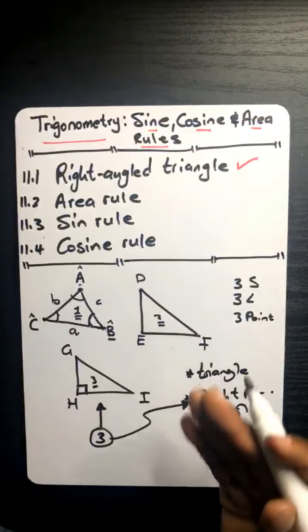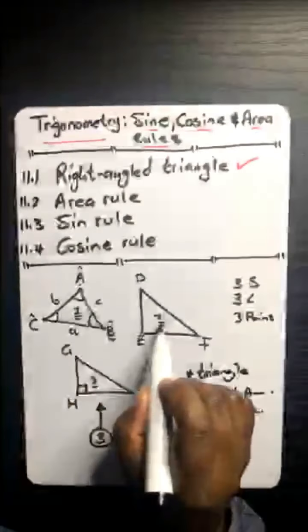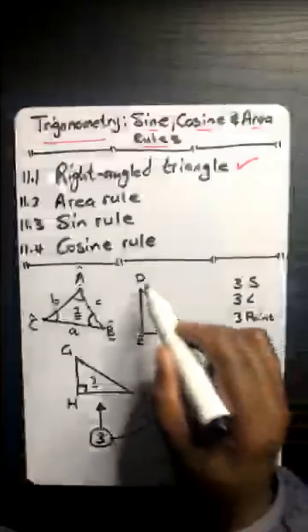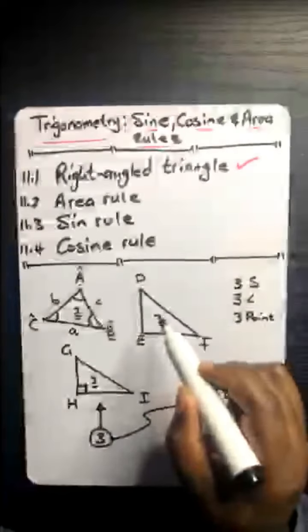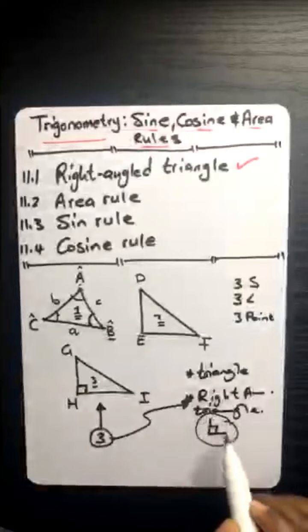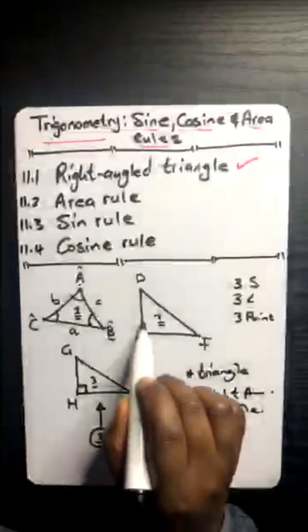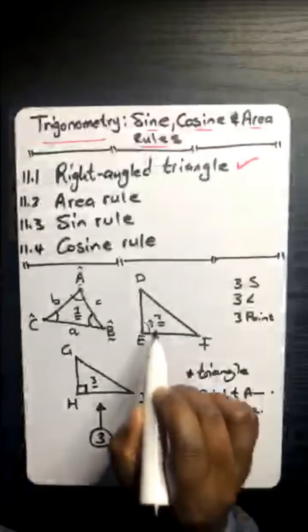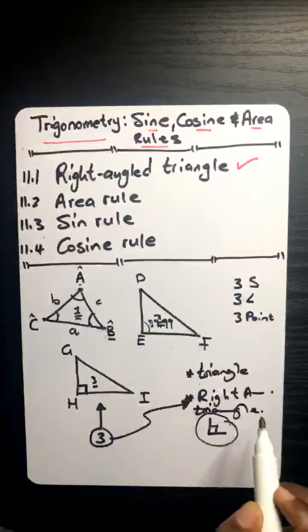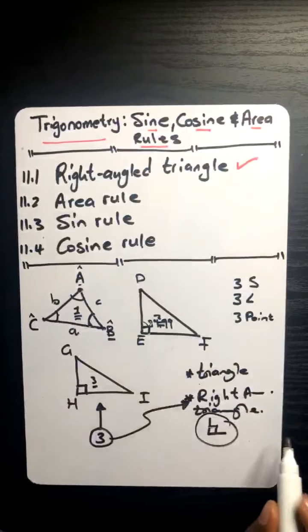And also, there is no statement which tells us that triangle number 1 or triangle number 2 is a right-angled triangle. Therefore, even though triangle number 2 looks like it has a 90-degree angle there, because there is no sign, we cannot assume that it is a 90-degree angle. What if that is not 90 degrees but is 89.99? Can you see? So only if they did this, then you know it's a right-angled triangle.